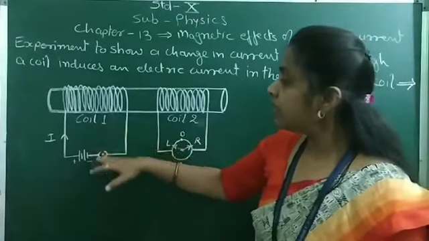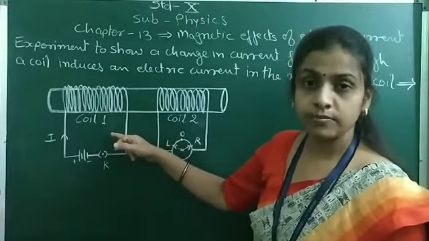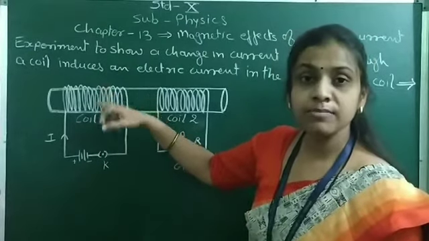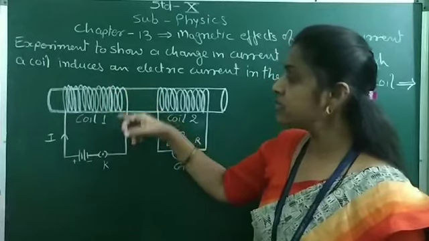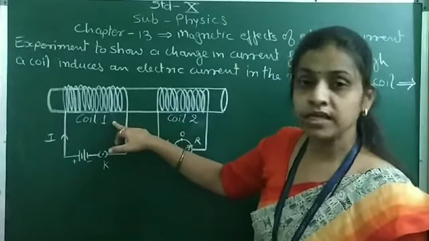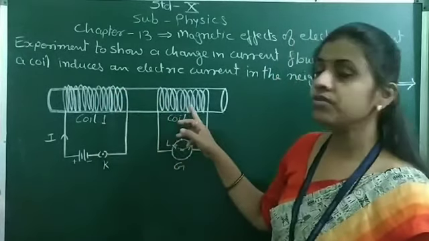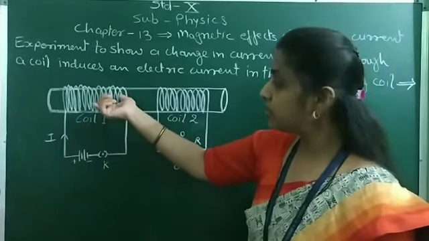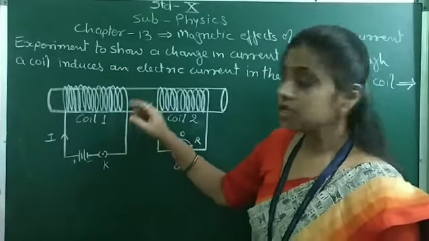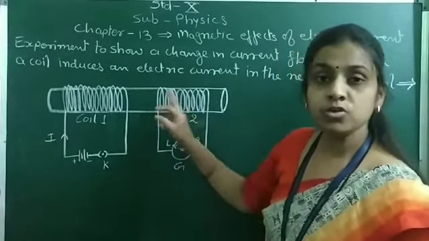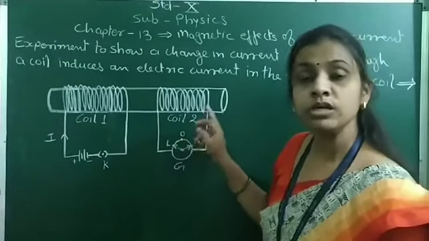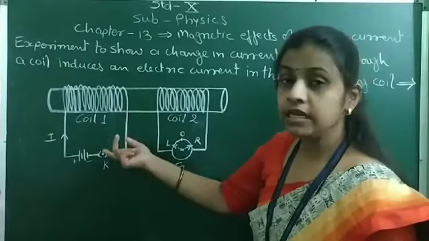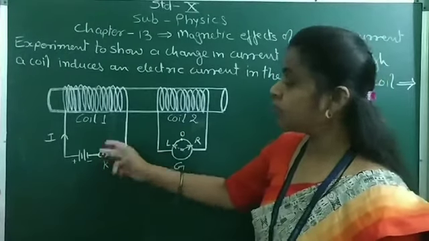Whenever current flows through coil 1, when the key is in, a magnetic field is produced in the coil, and that magnetic field is also associated with coil 2. But as soon as the key is opened, the magnetic field is reduced, so the magnetic field associated with coil 2 also gets reduced.